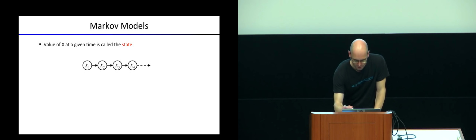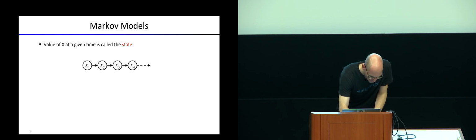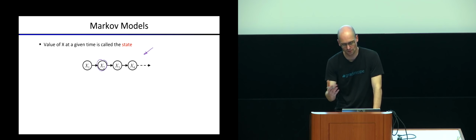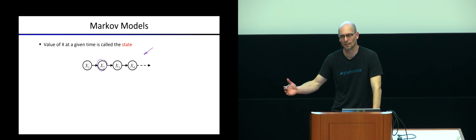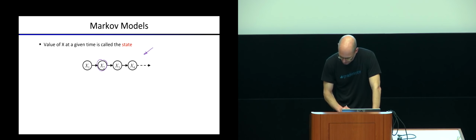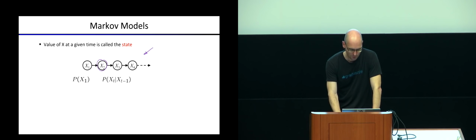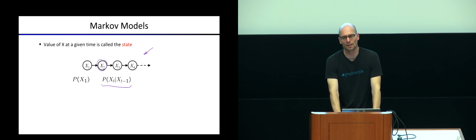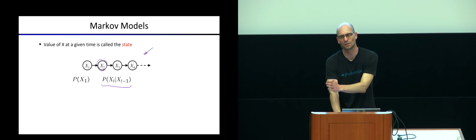What we have here is a Bayes net, where there's a conditional probability distribution for x2 given x1, a distribution for x3 given x2, and so forth. And what's special about these models is that the parameters we'll use will be tied, meaning that we'll have a generic distribution for xt given xt minus 1 that is the same for every time step.